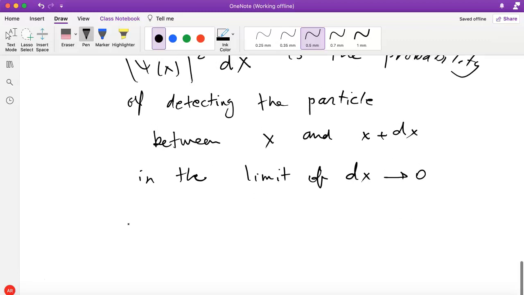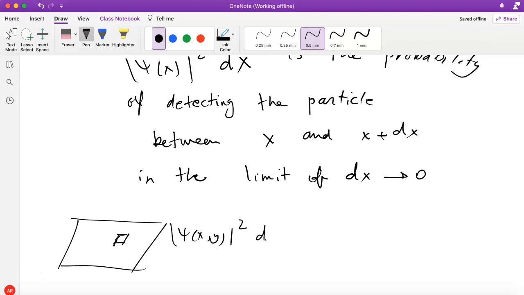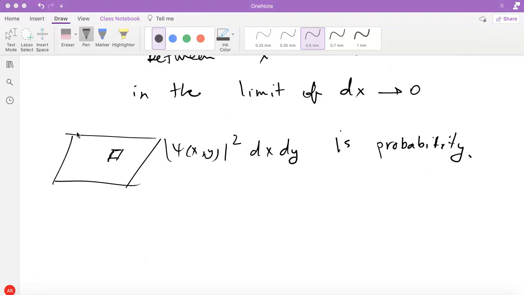And then, if you're in 2 dimensions, well, you can have a wave function that's a function of x and y, and then psi of x, y squared times the surface area in 2 dimensions is again the probability. So again, to be clear here, let's say this two-dimensional space.